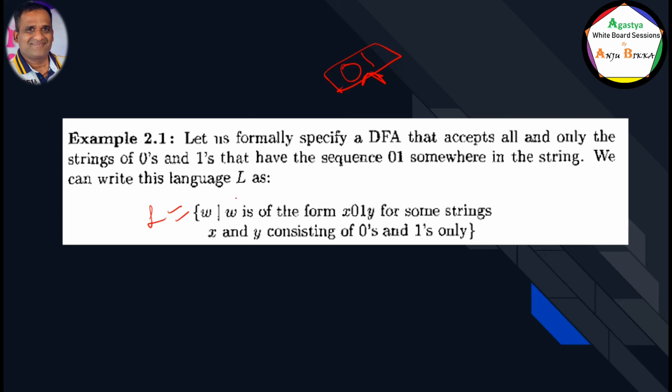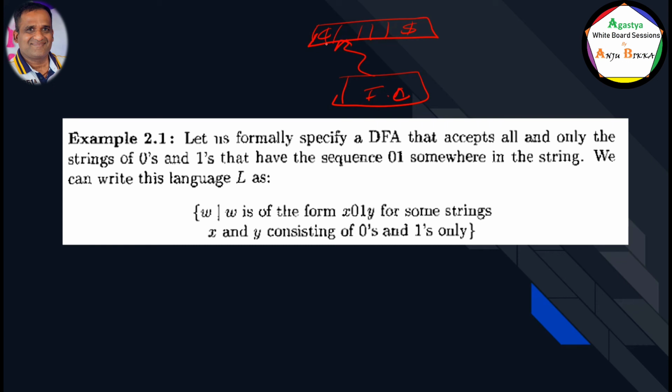So we have to design that DFA. Then how to design that DFA? This is important. Let's recap our machine. Our machine consists of an input tape, finite control, and head.